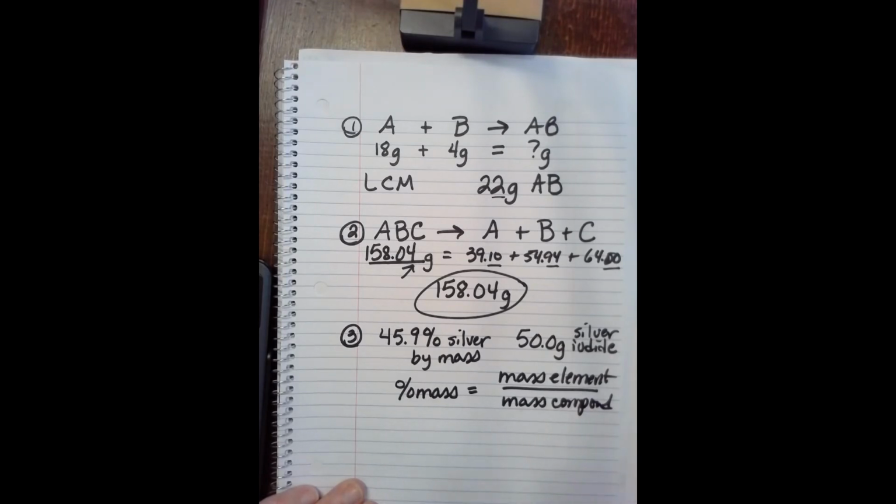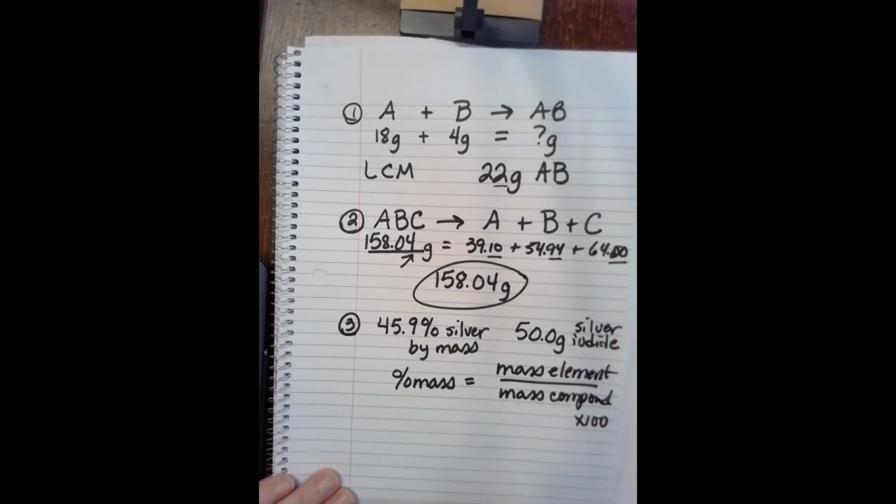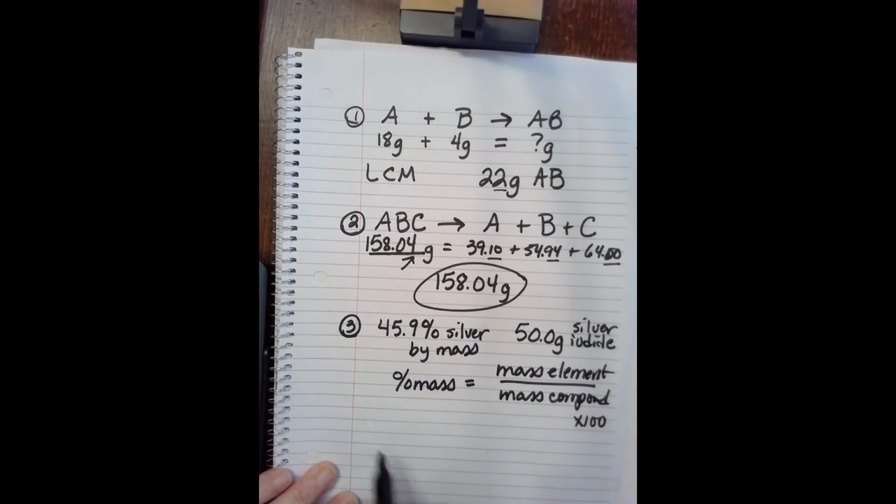Okay? All right, so let's think about what we have. Do we know the percent mass of the element? Yes, we do. Oh, what have I forgotten? I didn't leave myself enough room. I should say times 100, right? Do I need to rewrite that? Maybe I don't. I will. Percent mass equals mass of the element over mass of the compound, times 100. There we go. That's going to be easier for you to see.